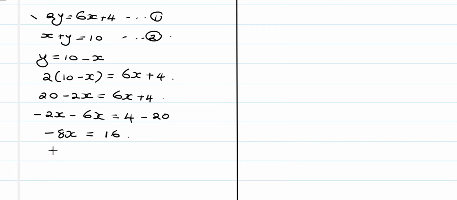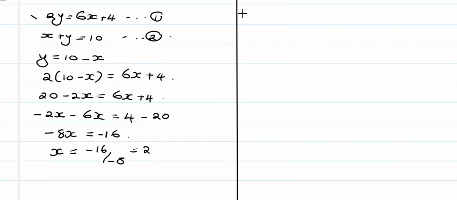So x is negative 16, sorry. So x is equal to negative 16 divided by this negative 8, so that we get the value of x. So it becomes 2, because this negative goes with this one, then 16 divided by 8 is 2. So now that we know the value of x, we can find the value of y.